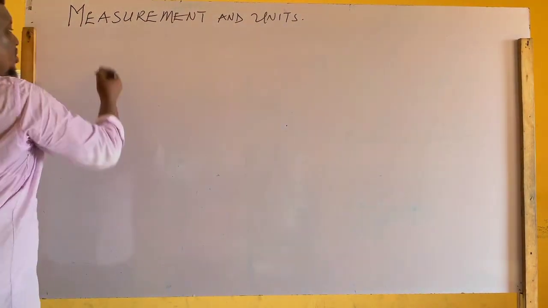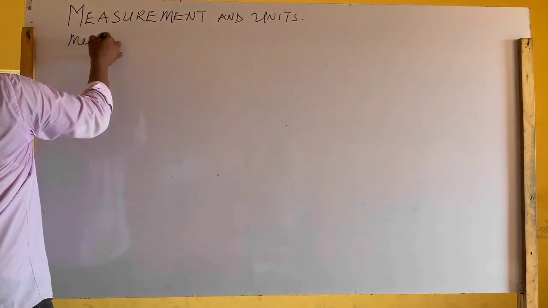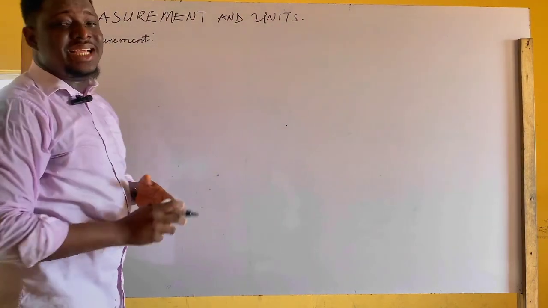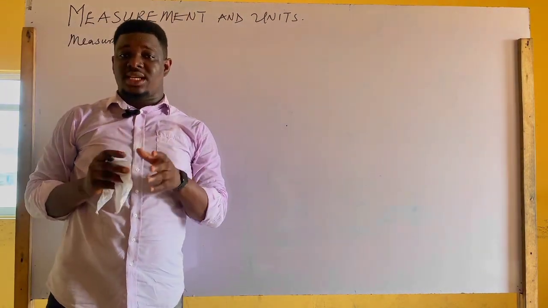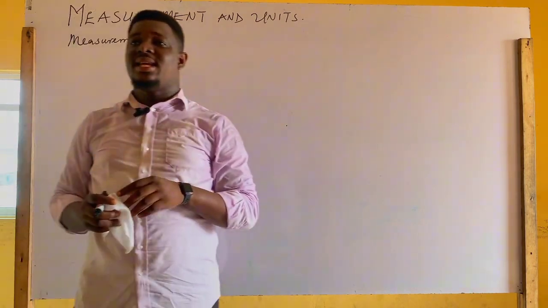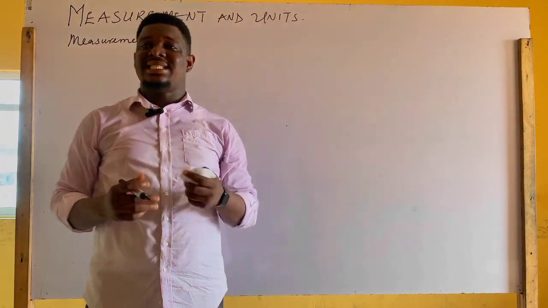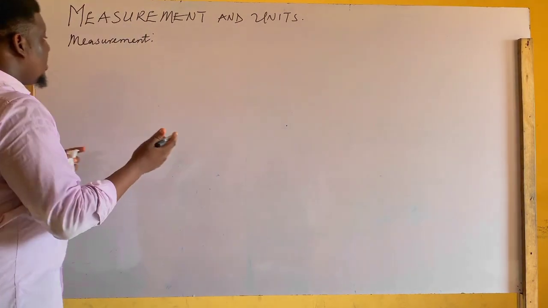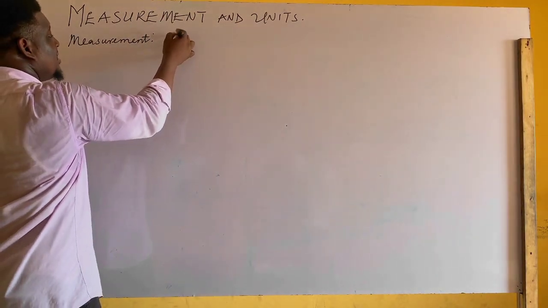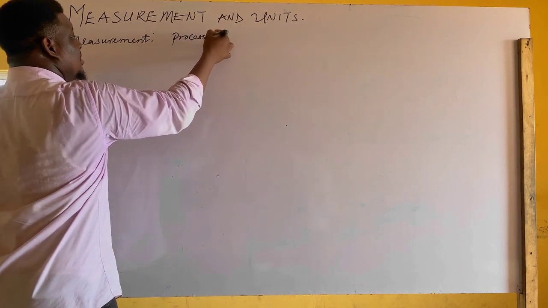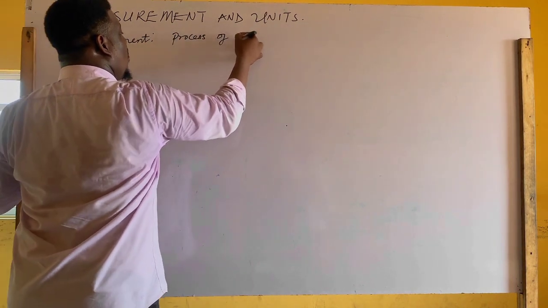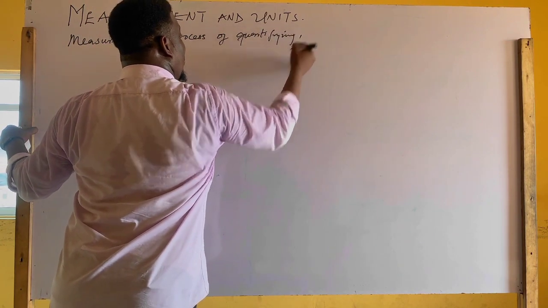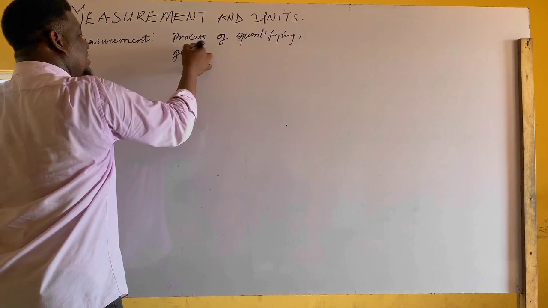Now, we are talking about measurement and units. What is measurement? Measurement can be defined as the process of quantifying or determining the size, extent, quantity, or capacity of something.